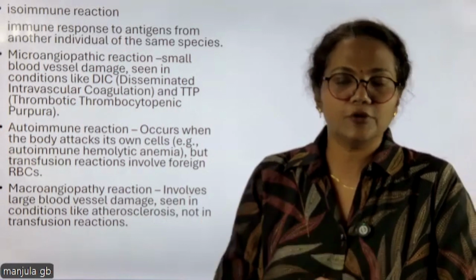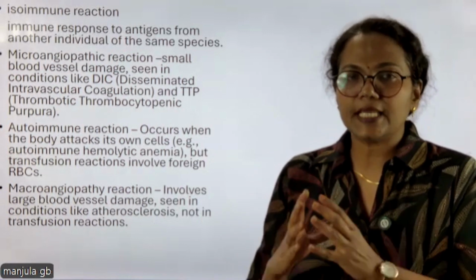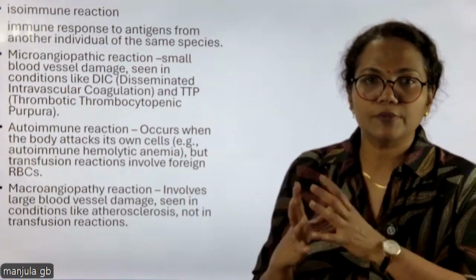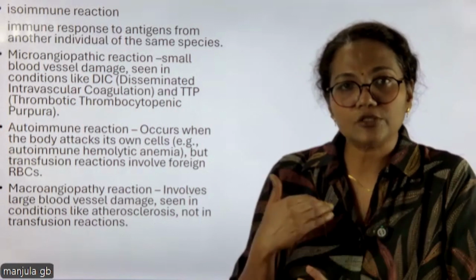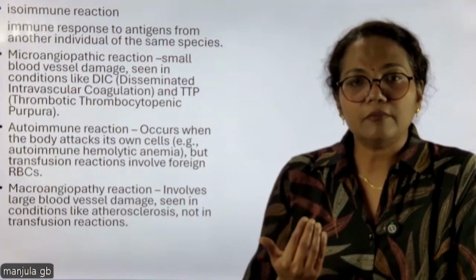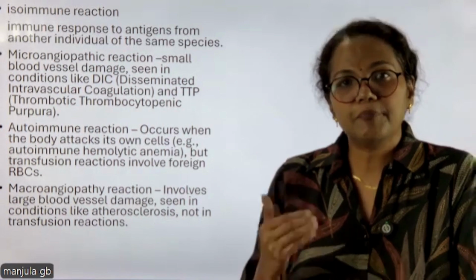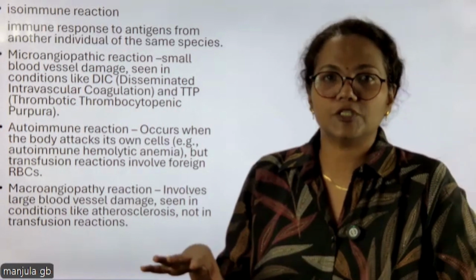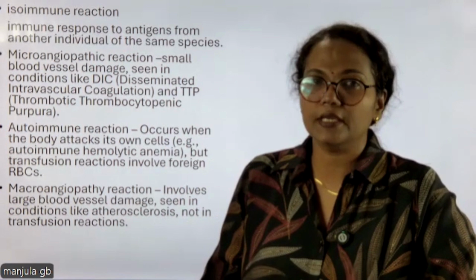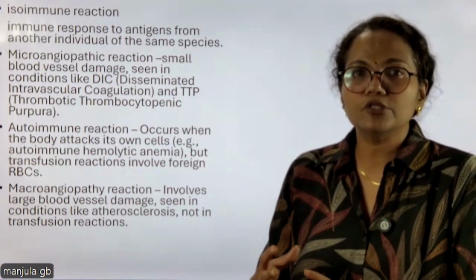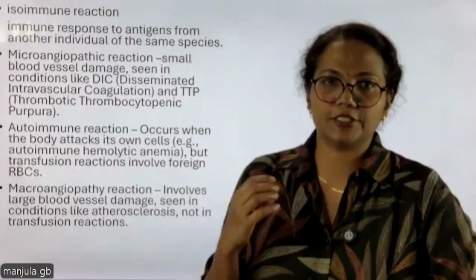From another human being only you are taking. So such reactions are called isoimmune reactions. When your body reacts to an antigen that comes from a different person of the same species, another human being, then your body goes into an isoimmune reaction.